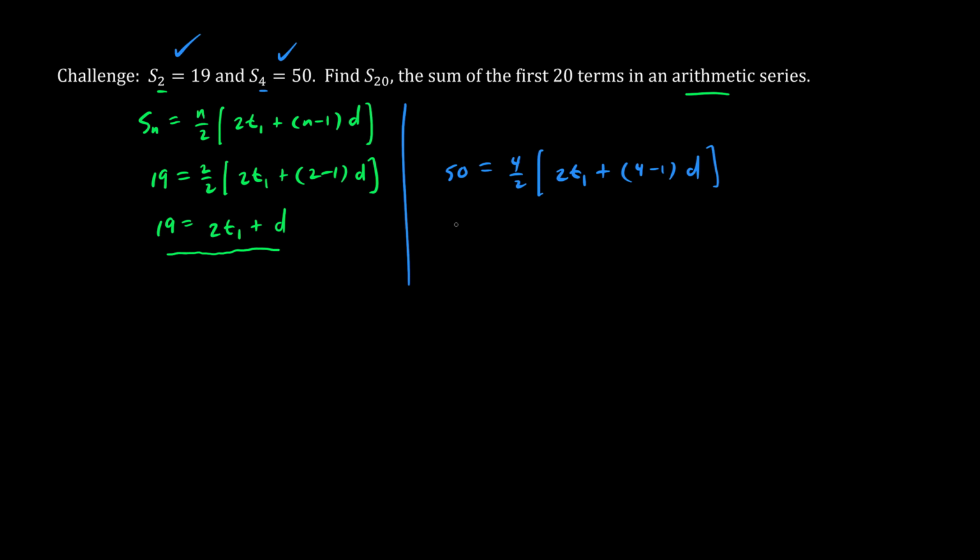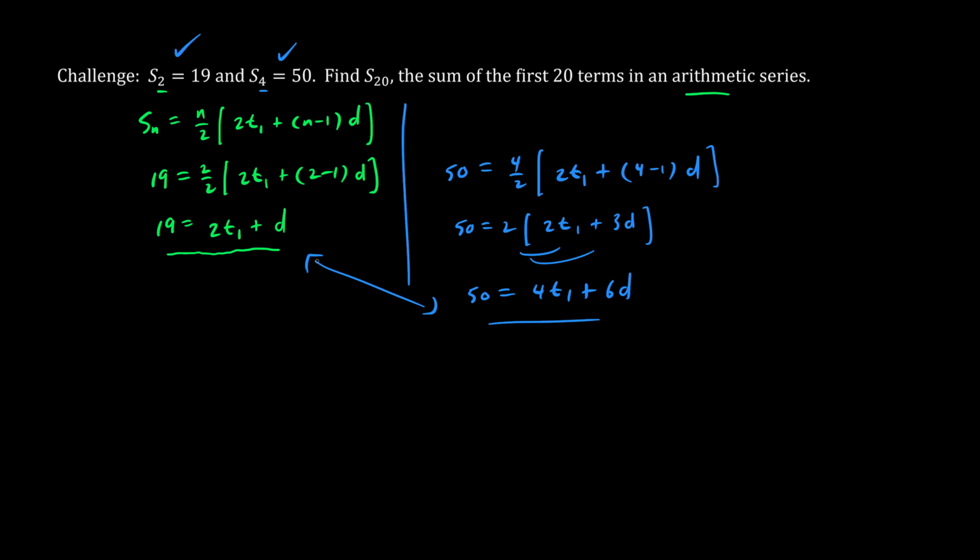So we just simplify. 50 is equals to 2 times 2t1 plus 3d. Let's use distribution. And now we have two equations and two unknowns. We should be able to solve for these two variables.